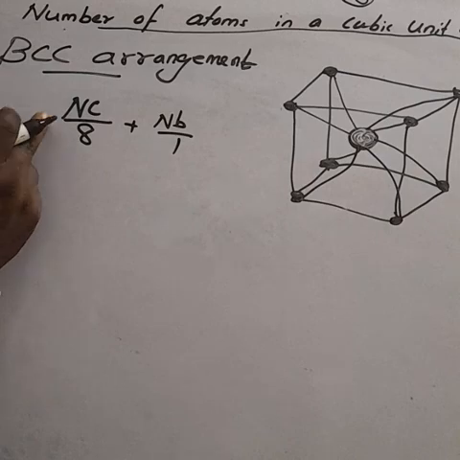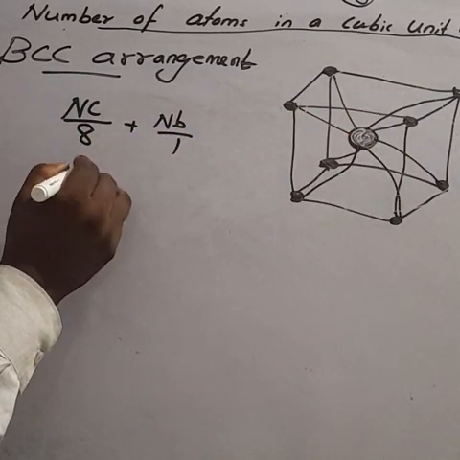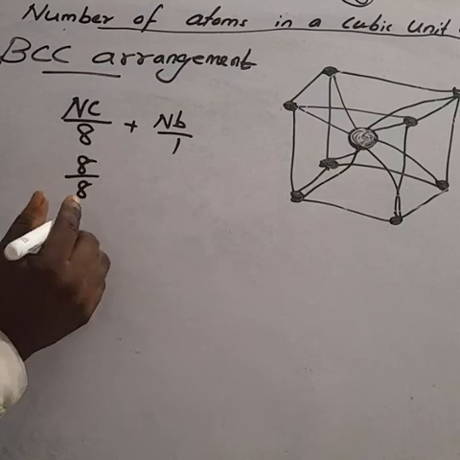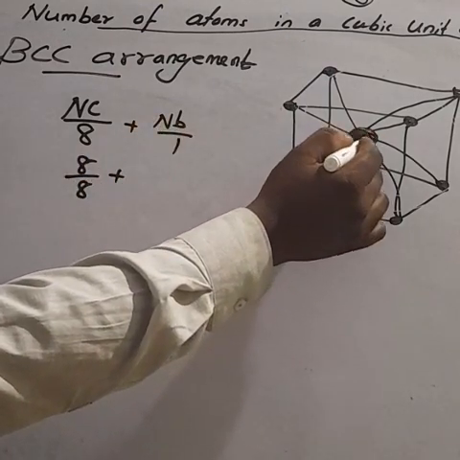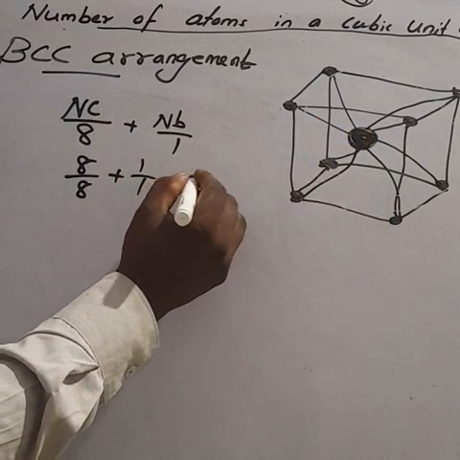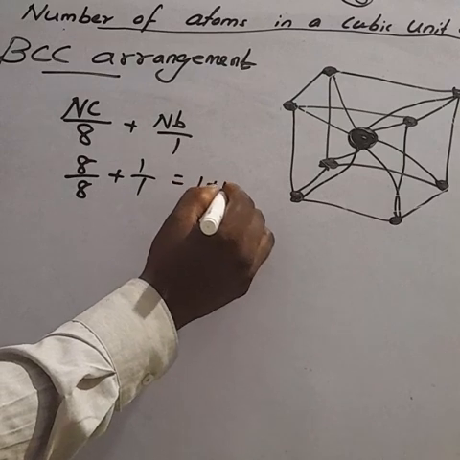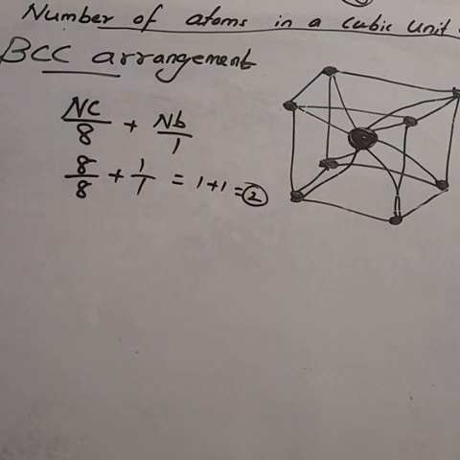What is NC? NC means number of corners. How many corners? 8 corners. So 8 by 8 plus the number of bodies in the center, which is 1. So 1 plus 1, that is equal to 2. This is about the body-centered cubic unit cell. Can you understand, my dear children?